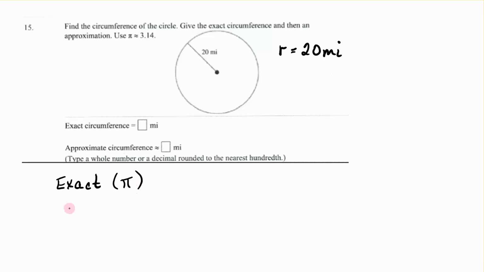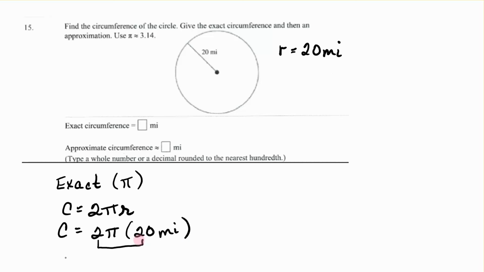All right, C is equal to 2 pi r. So C is equal to 2 times pi, the radius is 20 miles. Multiply these two. C is equal to 40 pi, the units are miles.